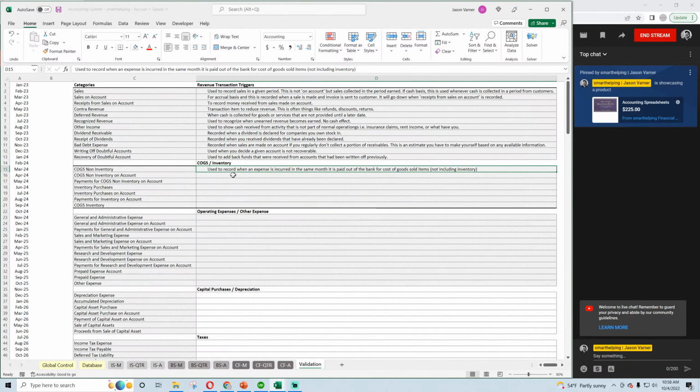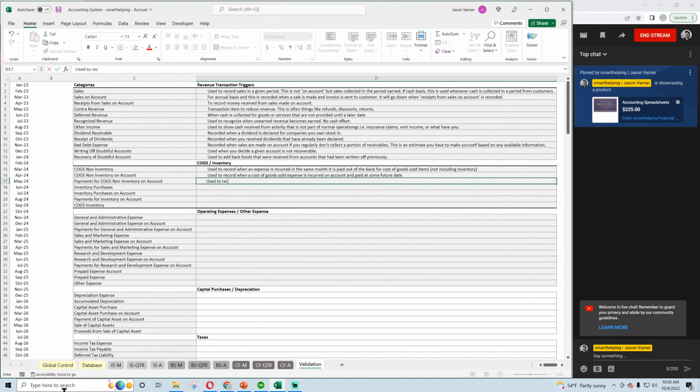Now for this, we want to say cost of goods sold, non-inventory on account, used to record when a cost of goods sold expense is incurred on account and paid at some future date.